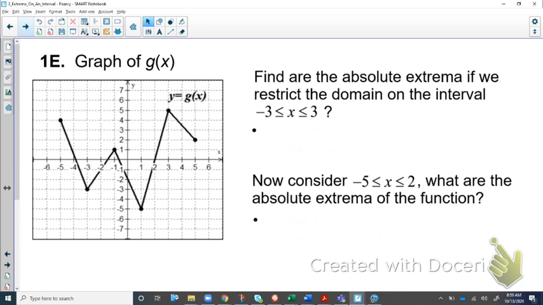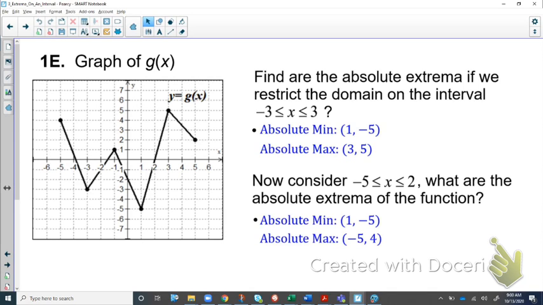All right, so ideally you've done what I've asked you to do, and what we're looking at here is I'm going to have an absolute minimum at (1, -5) and max at (3, 5), and when I change the domain restrictions from the domain now being from -5 to +2, the absolute minimum doesn't really change. That's still at (1, -5), but the absolute maximum on that new interval is at (-5, 4).